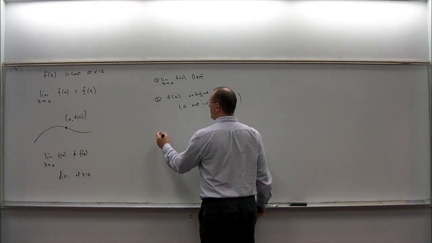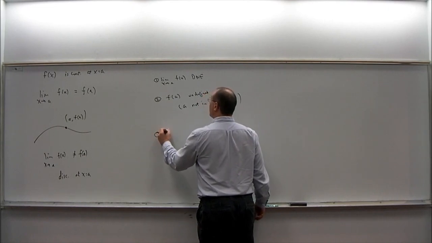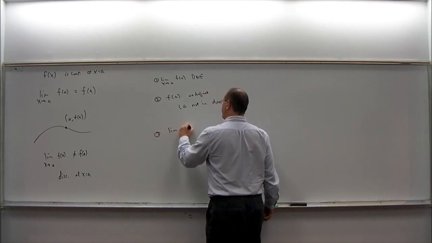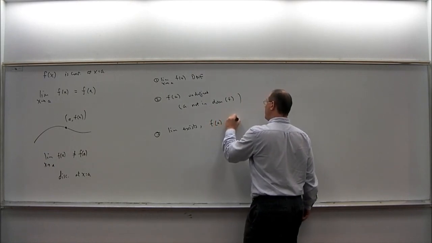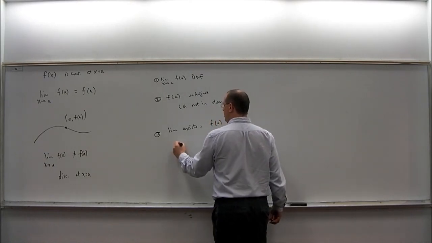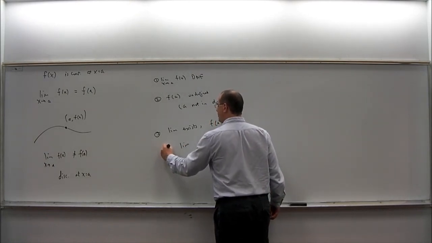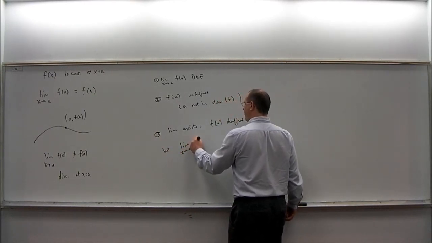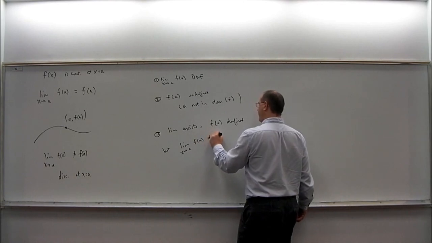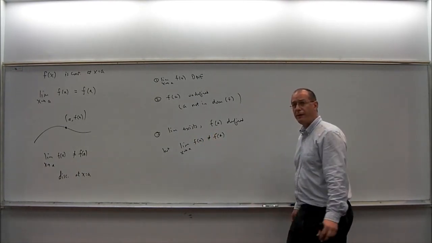Another possibility is that the limit exists and f of a is defined, but they are simply not equal to each other. That can happen as well.